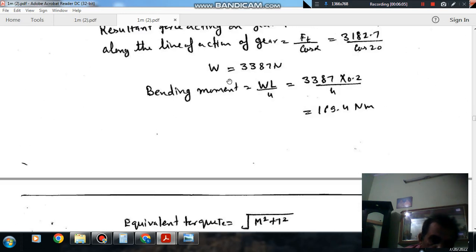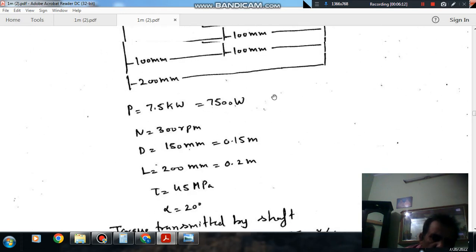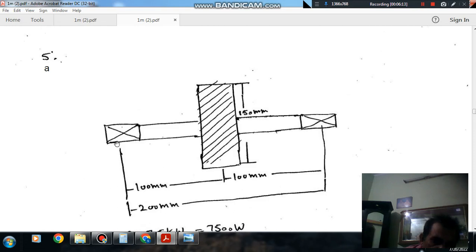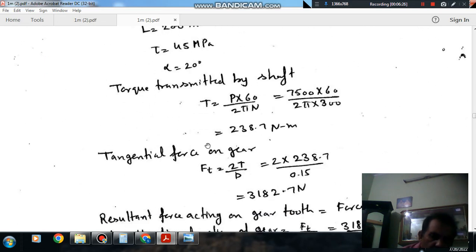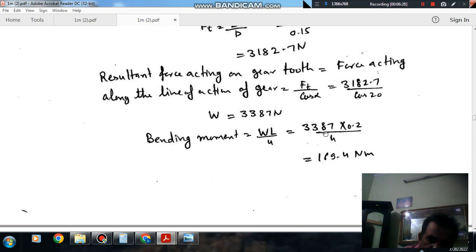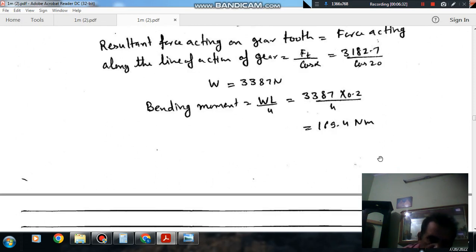So the bending moment will be WL by 4. If W is the force acting on this gear, then W by 2 and W by 2 will be the reactions, and W by 2 into L by 2 gives WL by 4 as the maximum bending moment at the midpoint, and that value is 169.4 Newton meter.